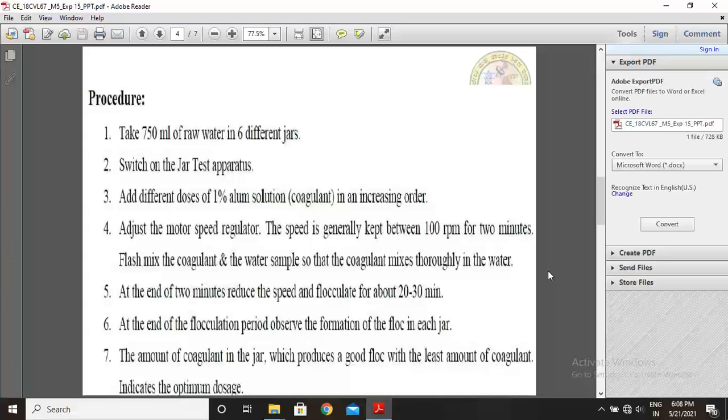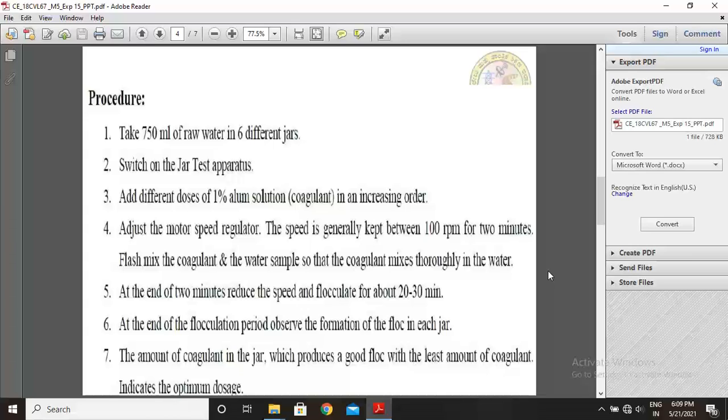The speed is generally kept at 100 rpm for 2 minutes to flash mix the coagulant and the water sample so that the coagulant mixes thoroughly in the water. Then at the end of 2 minutes, reduce the speed and flocculate for about 20 to 30 minutes.